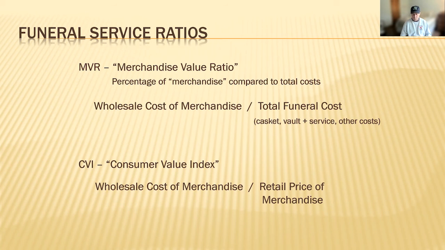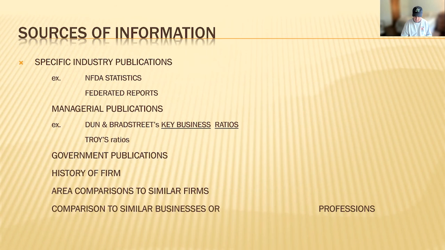Here we're really comparing apples to apples, what it costs us versus what we're selling it for. The consumer isn't going to know that number because they shouldn't know your wholesale cost, though they certainly know the retail price. But it helps give an indication of what kind of value the consumer is receiving, and that's one of the important parts.